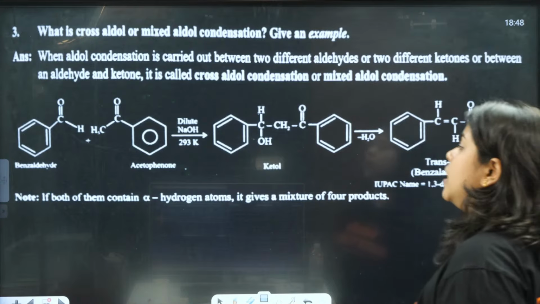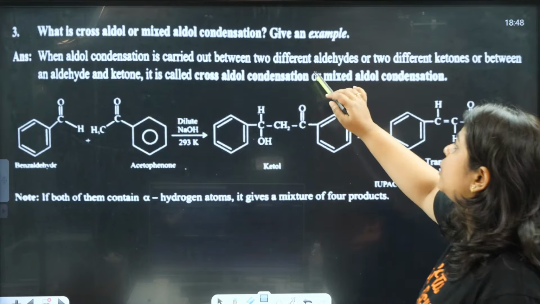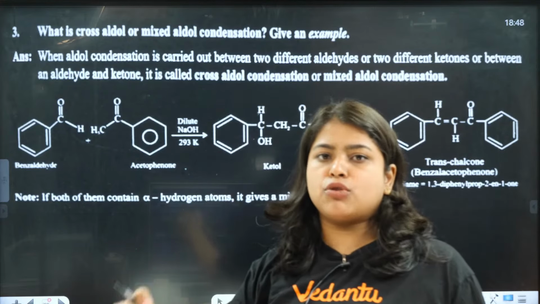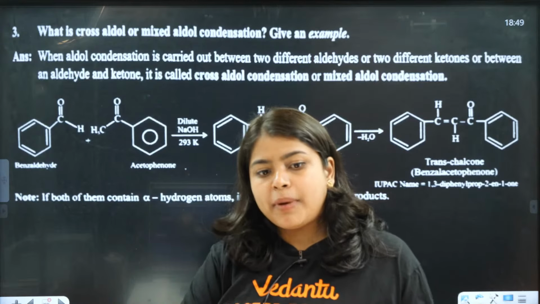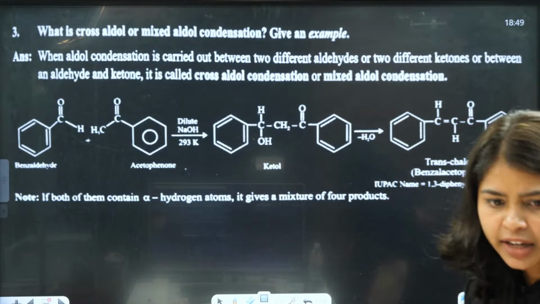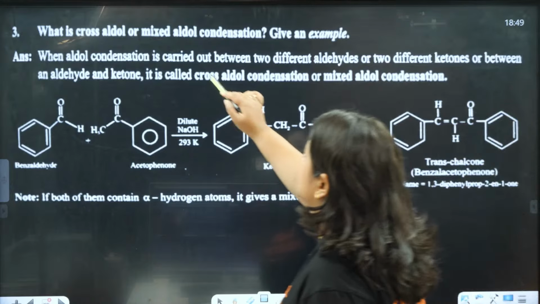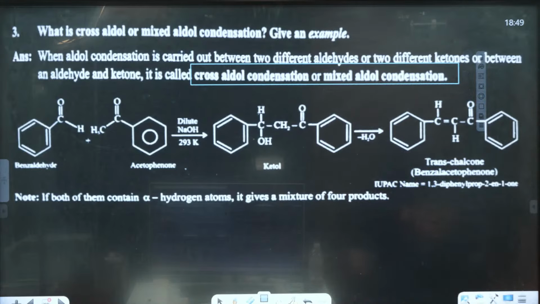Whenever aldol condensation is carried out between two different aldehydes or two different ketones, or an aldehyde and a ketone, it is called a cross aldol condensation or mixed aldol condensation. For ketones, R and R' are there, so one R should be different and the other R should be different too. Clear?